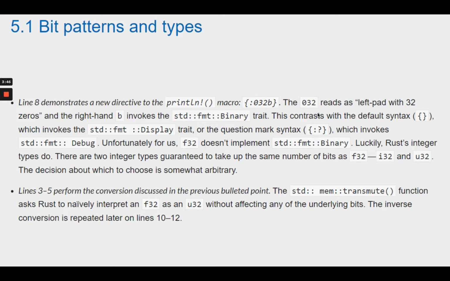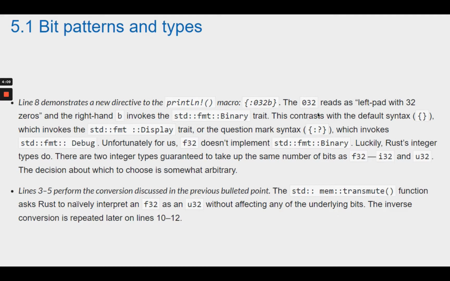Unfortunately for us, f32 doesn't implement std::fmt::Binary. Luckily, Rust's integer types do. There are two integer types guaranteed to take up the same number of bits as f32, i32 and u32. The decision about which to choose is somewhat arbitrary.